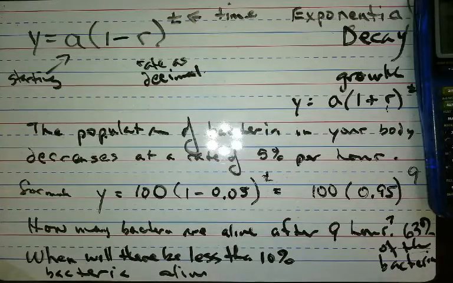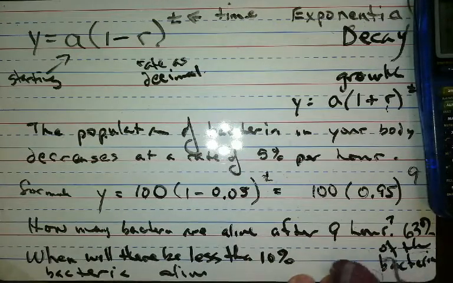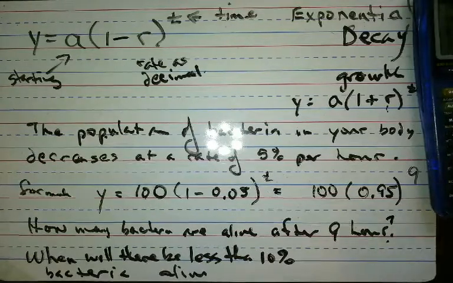All right, so you will be healthy again when the bacteria goes down to less than 10%. Then your body just keeps on killing them. Boom, boom, boom. So how can I figure that out?